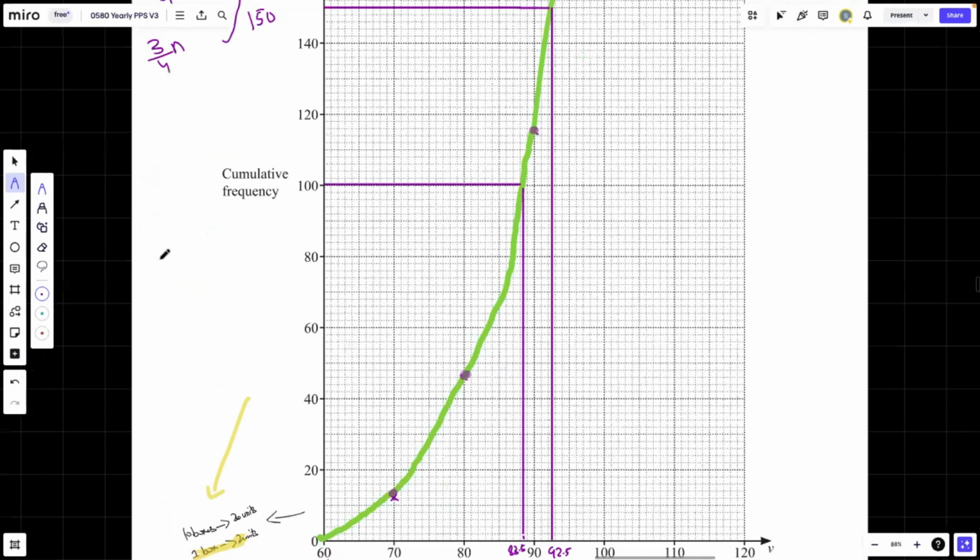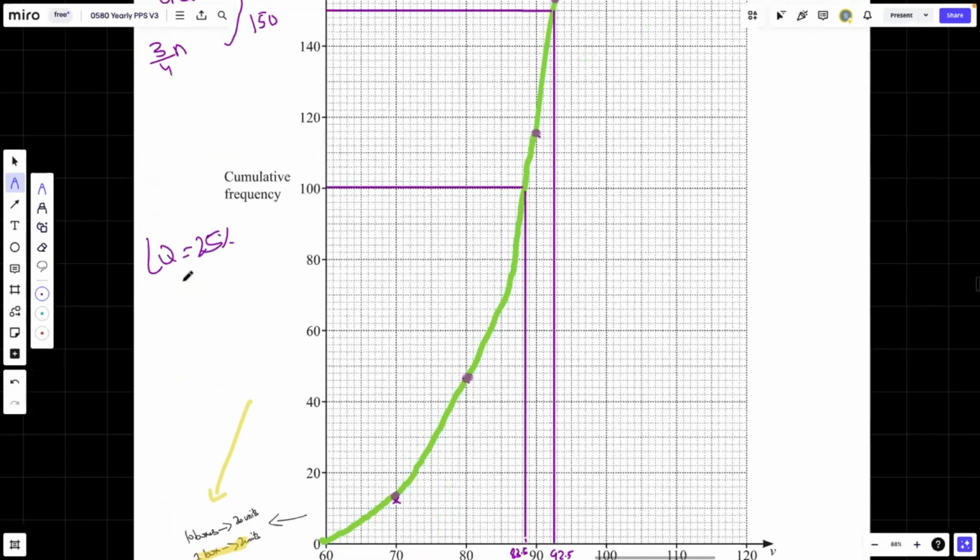Now for the lower quartile, it's actually 25%. So that's 25 over 100 times the total, which is 200, so that's 50. So we are going to check against 50. 50 is here.